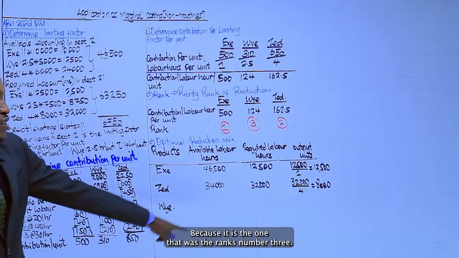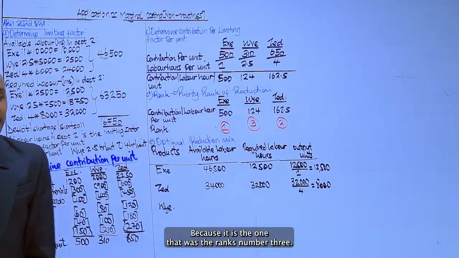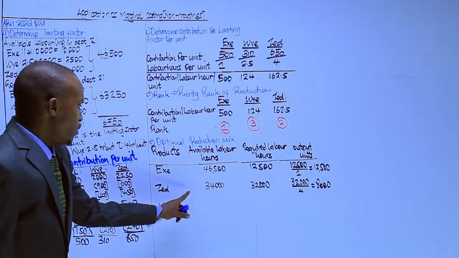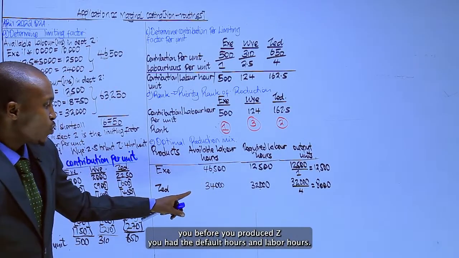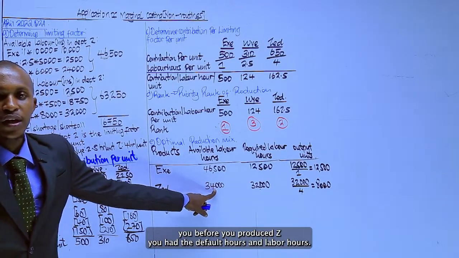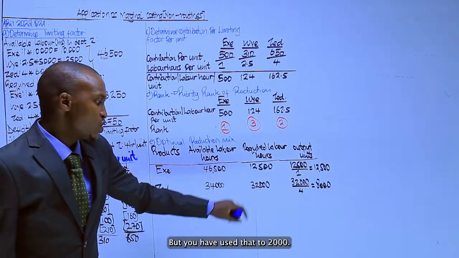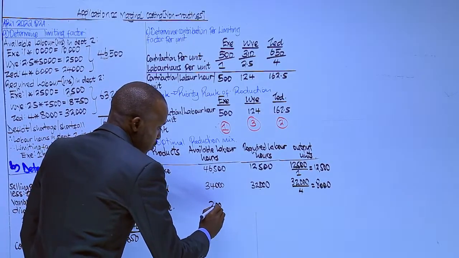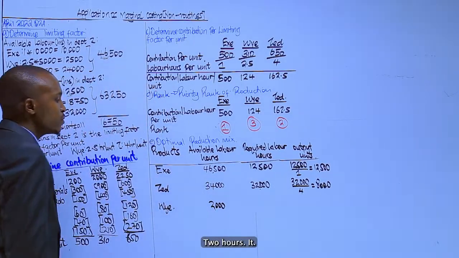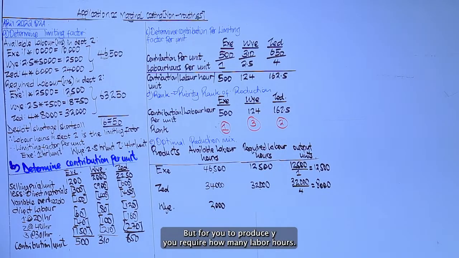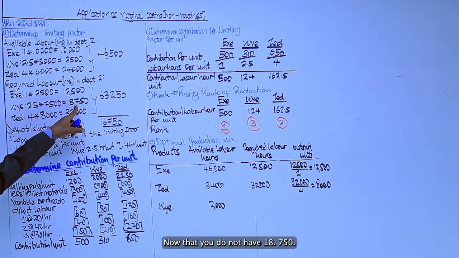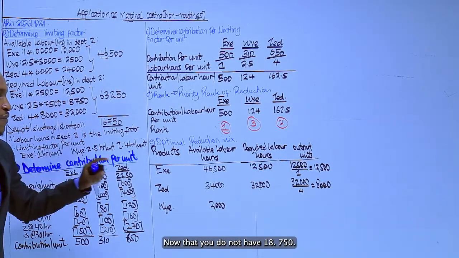The last product that we should produce is product Y, because it is the one that was ranked number 3. Before you produced Z, you had 34,000 labor hours, but you have used 32,000. So therefore, 2,000 hours are remaining. For you to produce Y, you require 18,750 labor hours, but you don't have 18,750.